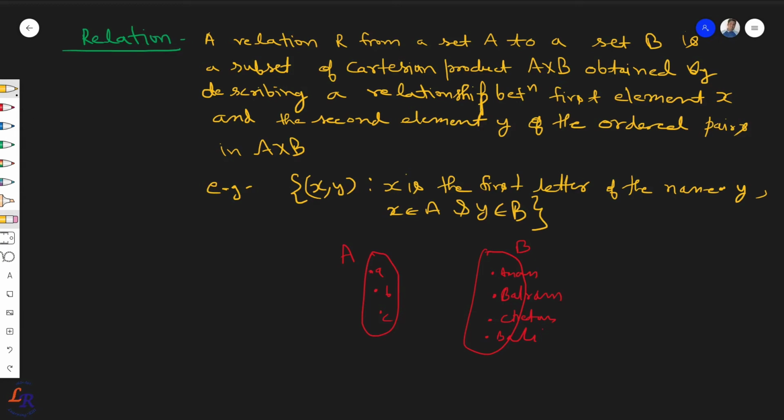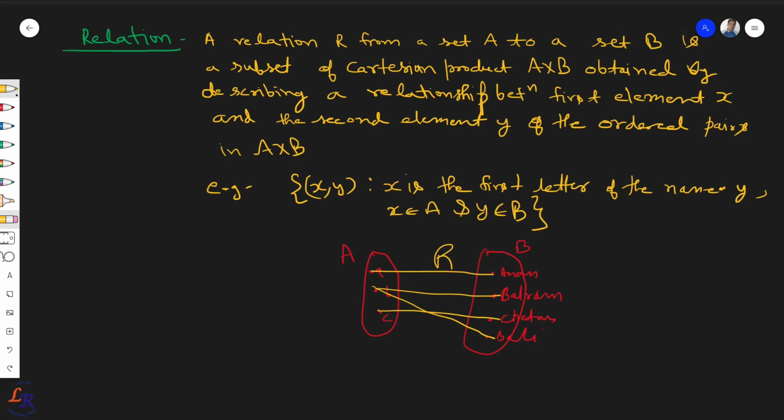So now you can see that the ordered pair (x, y), x is the first letter of the name y, where x is an element of A, y is an element of B. So now you can see the relation you can define. Let's say this is relation one, this one is satisfying here, this one is satisfying here, this is also right. So this is the relation defined between set A and set B as a set of ordered pairs of A cross B, such that x is the first letter of the name y, x is an element of A and y is an element of B. So you can have all such ordered pairs where this relation is satisfied.